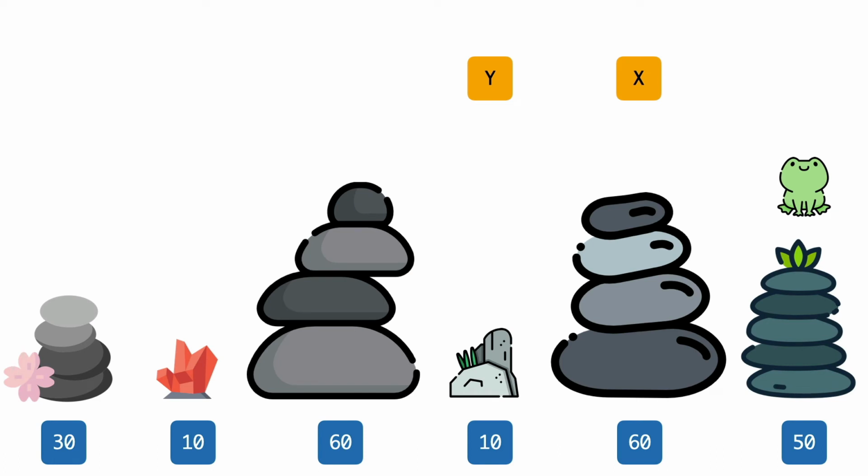In other words, let's say that we knew somehow magically that the cheapest way of arriving at stone number 4 has a cost of y, and the cheapest way of arriving at stone number 5 has a cost of x. Then notice that the final answer really boils down to a comparison between, at least in this example, y plus 40 versus x plus 10.